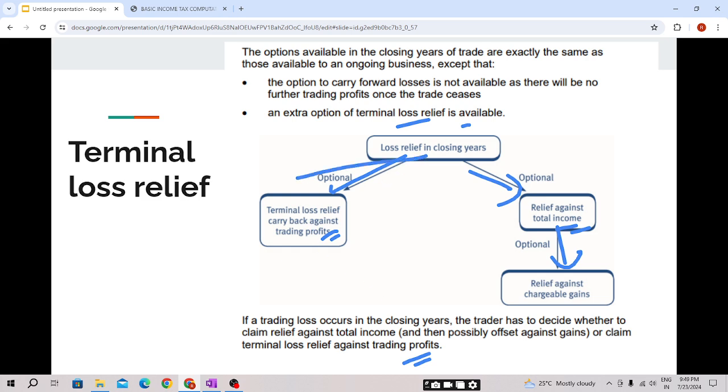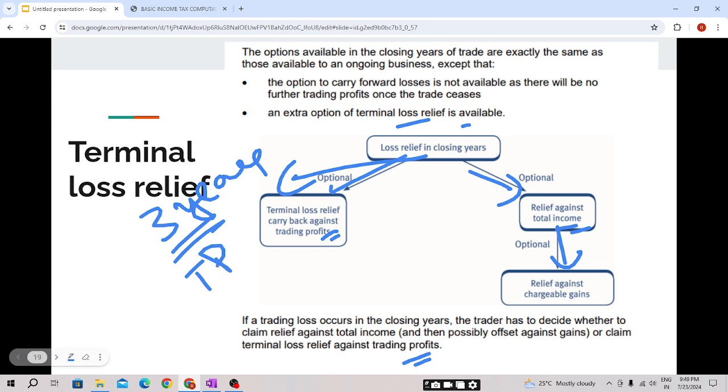That is, the loss can be set off against the last 3 years' trading profit. Students, in the opening year it was total income, but in terminal loss relief it is trading profits only.